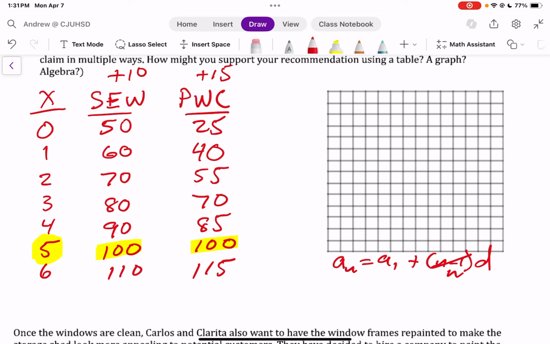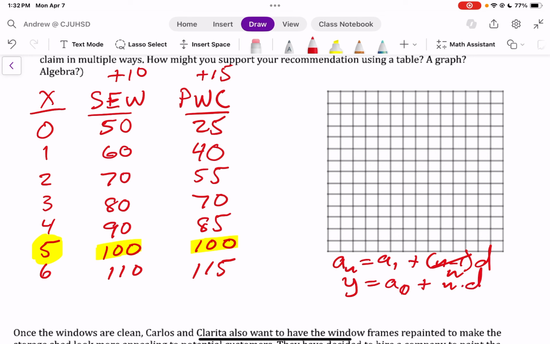However, if we want to graph this in Desmos, we're going to have to turn this into something like y equals. And instead of using the variable n, we would have to use the variable x. So A1, remember, was, okay, where does it begin? Actually, we're going to jump back to A sub 0. And then n minus 1 would just be n. And then this d is the common difference.